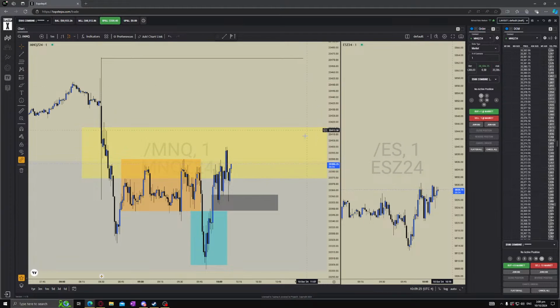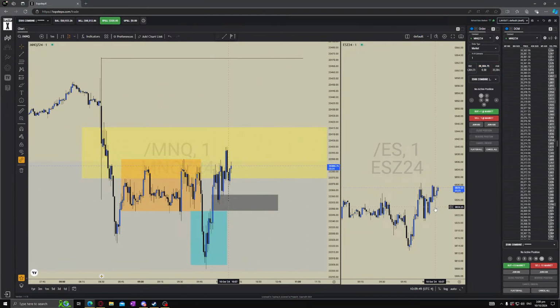So my idea now is if we just keep doing this here, we're eventually going to take out some type of low, like for example this low, or even this one, and then we go back up, and the target will be the CPI high.